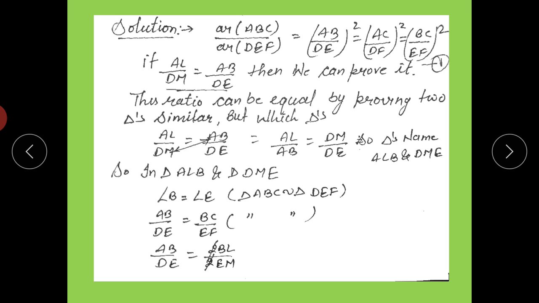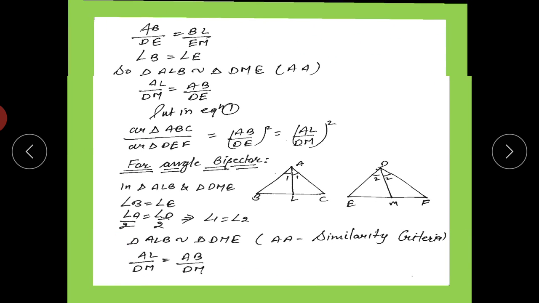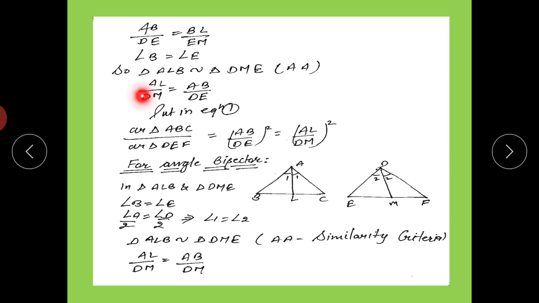If AB upon DE is given equal to BL upon EM, the ratio of two corresponding sides are equal and one included angle is equal, then triangles are similar. By which rule? Side angle side similarity criterion. This is written here wrong. Side angle side similarity rule.